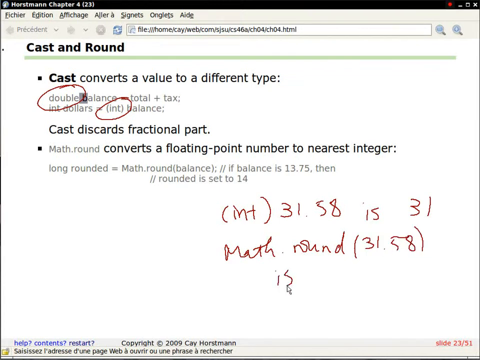Then that's 32, which makes sense, it's rounded to the nearest integer. But, somewhat cruelly, it is 32 as a so-called long value.